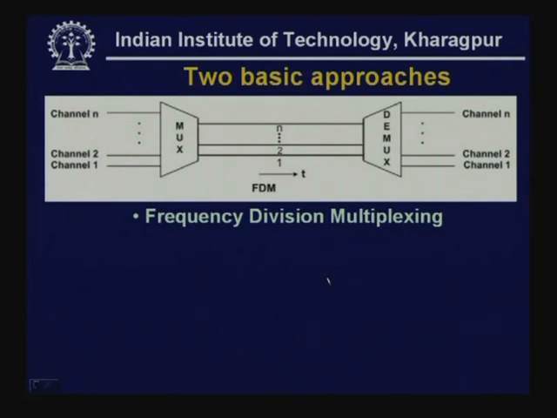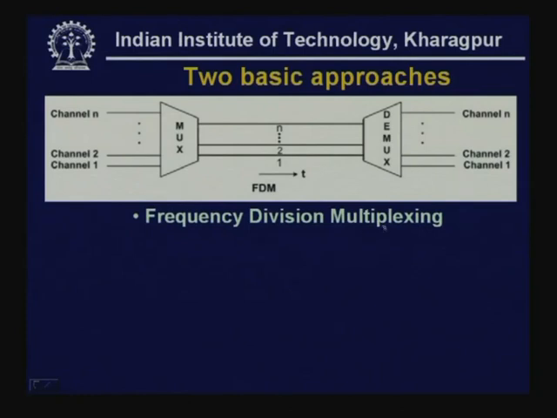First one is known as frequency division multiplexing. Here, as you can see, the signals coming from n channels 1, 2 up to n are multiplexed, and they are sent simultaneously through a single channel. Through the same medium we are sending n different signals, and obviously we are doing frequency division multiplexing.